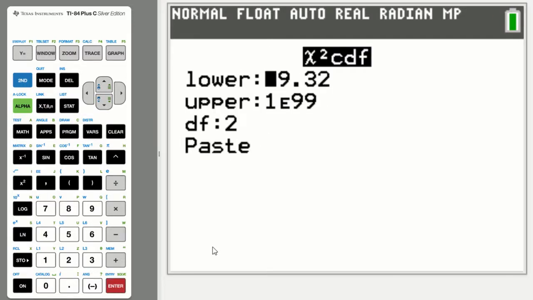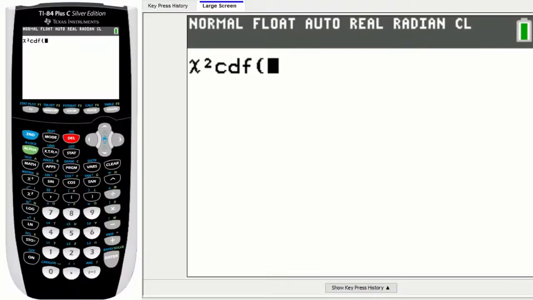Now for TI-83 calculator users or early TI-84 calculators, the command will be printed directly on your home screen instead of showing the menu as you have seen earlier on my computer screen. So this is what TI-83 users will see, the command being printed directly on screen right after you call your chi-square CDF command.